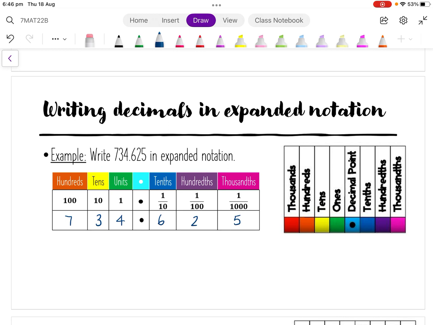So in expanded notation, what this looks like is 7 lots of 100 plus 3 lots of 10 plus 4 lots of 1 plus 6 lots of 1 over 10 plus 2 lots of 1 over 100 plus 5 lots of 1 over 1,000.